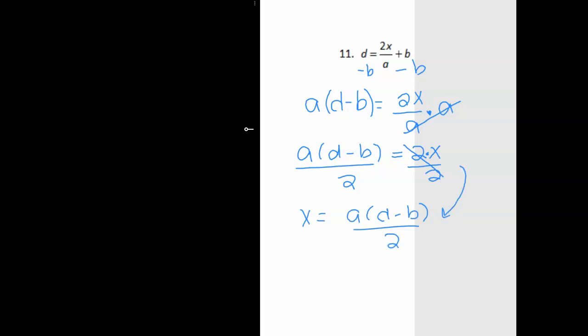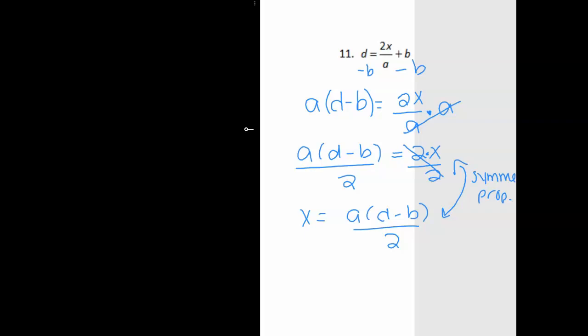Going from here to there and switching the X from the left to the right side is the property we talked about on Friday, known as the symmetric property. So it doesn't matter if the X is on the left or the X is on the right. We have a tendency to write our answers with X equals being on the left. You could have left it as it was.